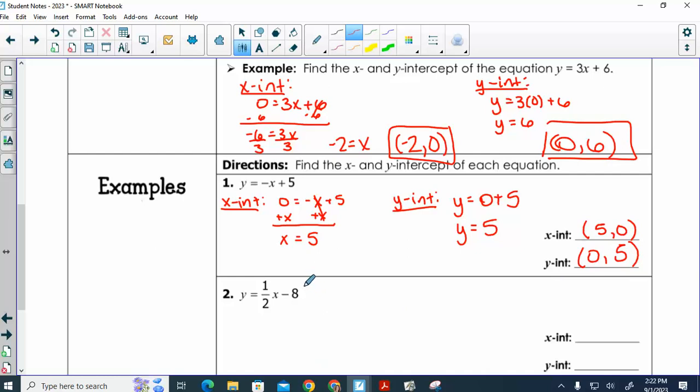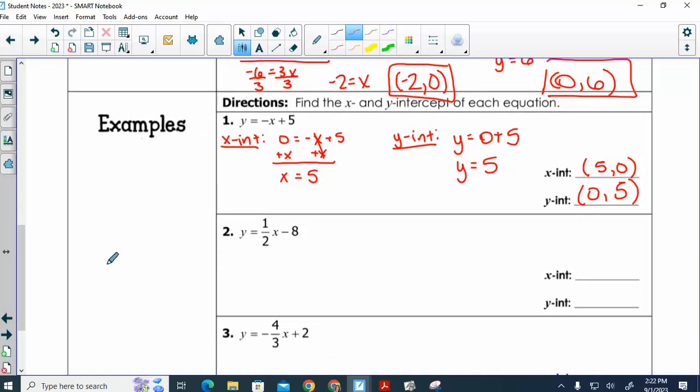Do we remember doing these at all? Why don't you guys try example 2? And if we get that, we'll probably skip a couple examples. So the x-intercept, you're finding where something hits the x-axis, y is 0. So you guys added 8 over.